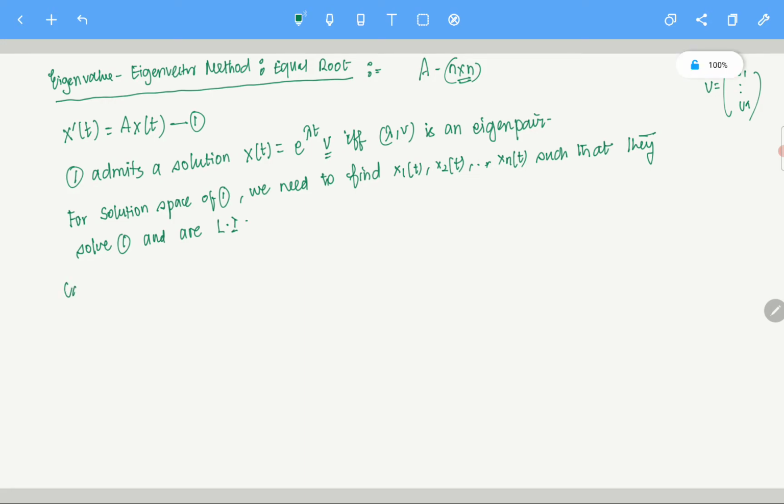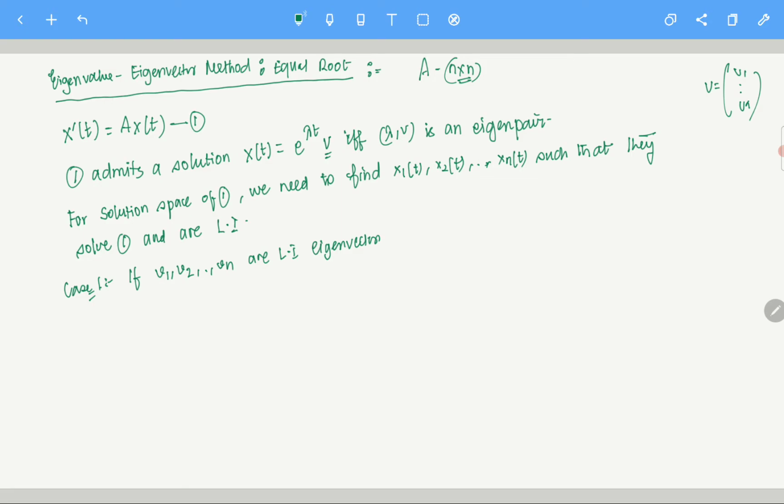So what was case 1? Case 1 is if you get v1, v2, vn linearly independent eigenvectors corresponding to some eigenvalues. So you see, it can have repeated eigenvalues, it can have distinct eigenvalues.